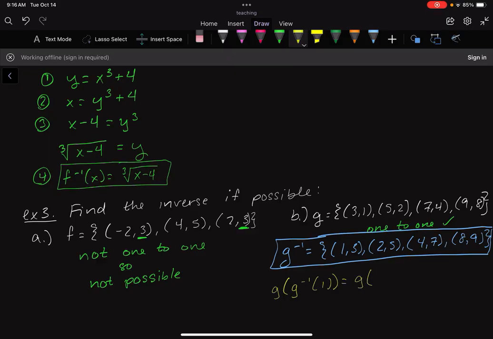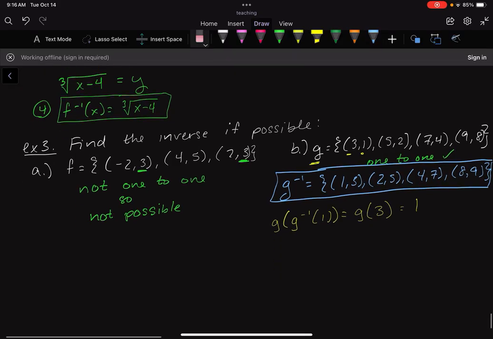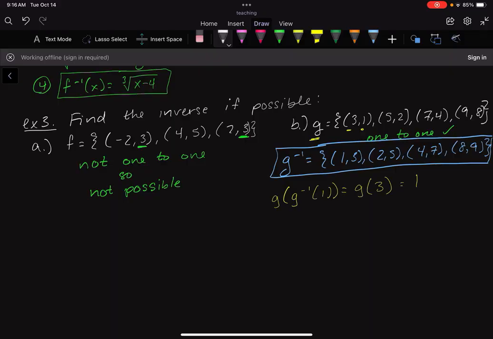So if I look at my g inverse function, and my x value is 1, I would get back 3. And then if I go to my g function and look at 3, my y value I get back is 1. So see how we plugged in a 1 and we got back a 1? This is another property of inverse functions.